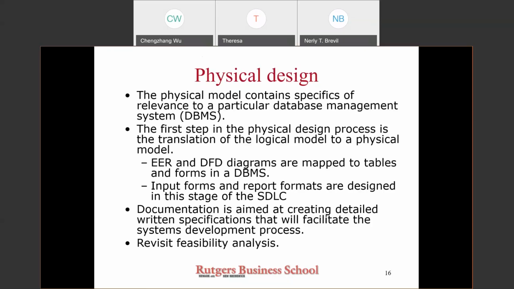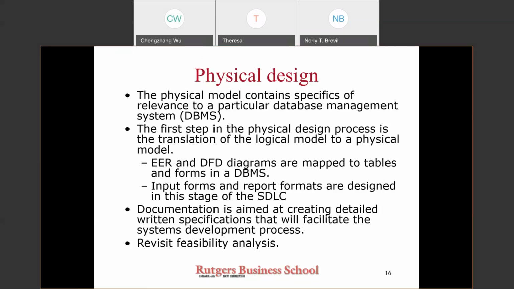So the first step in the physical design process is the translation of the logical model to a physical model. In this step, system designers convert the ER and DFD diagrams into solutions that can be directly implemented in the relational DBMS.